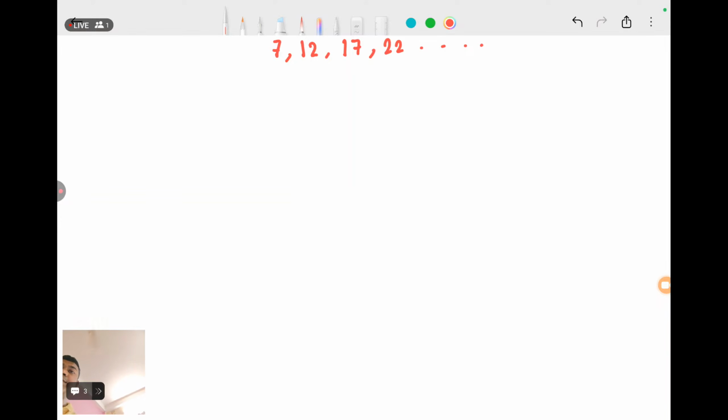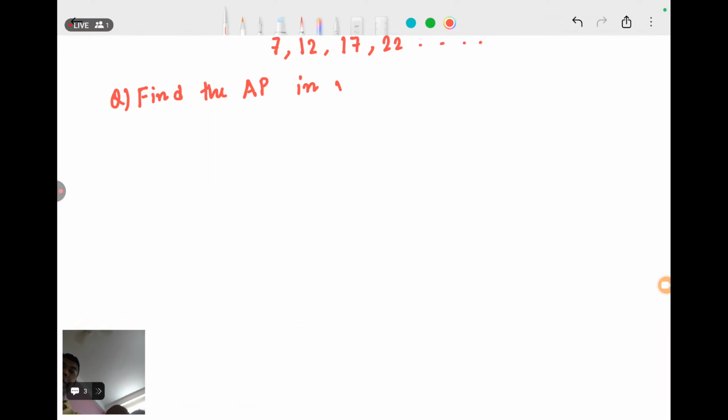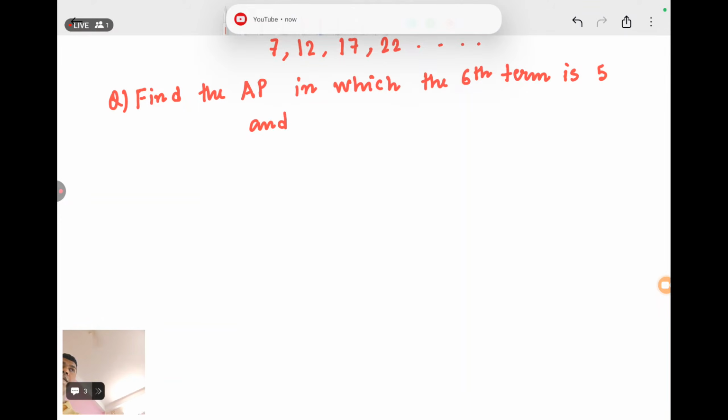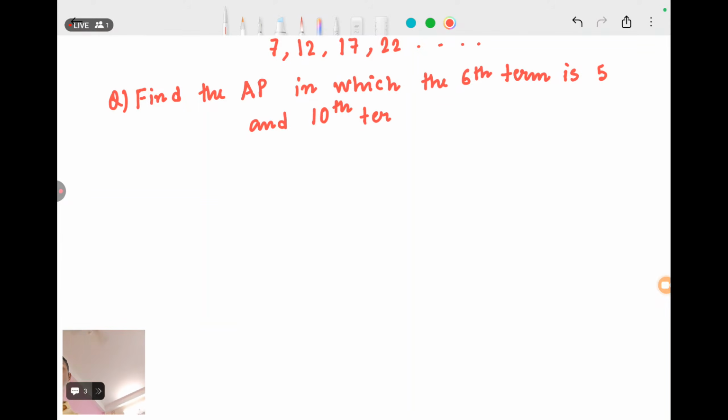Here we have to find the AP in which the sixth term is 5 and the tenth term is 9. Can you find this?